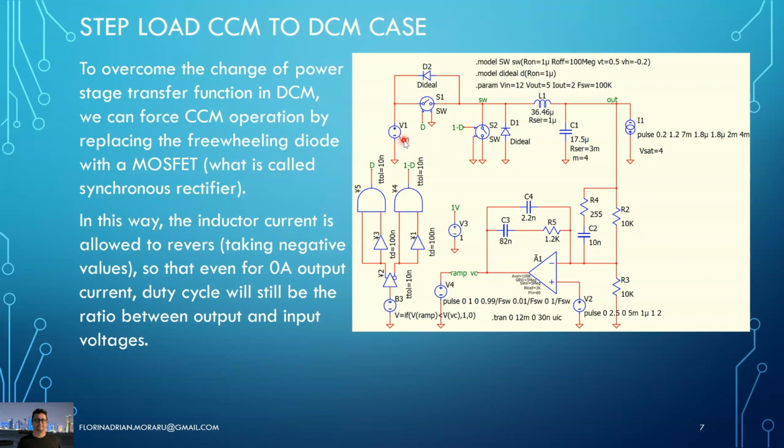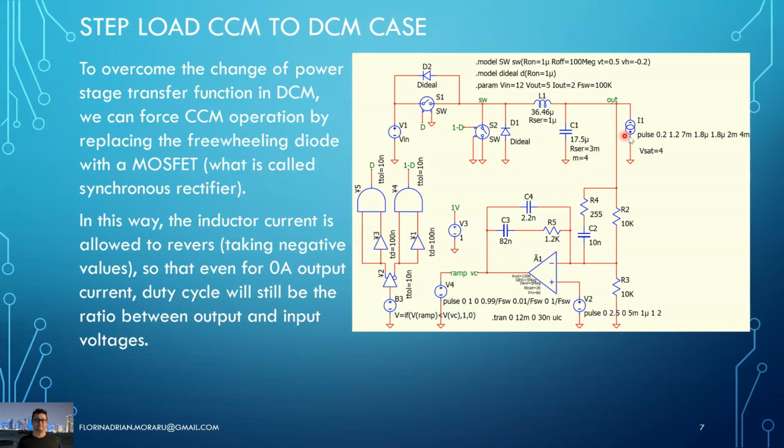That means we will have a very high current peak. So in between the on times of the two switches, there needs to be a dead time. So in this dead time, S1 and S2 are both off. So this is actually realized here with this structure.